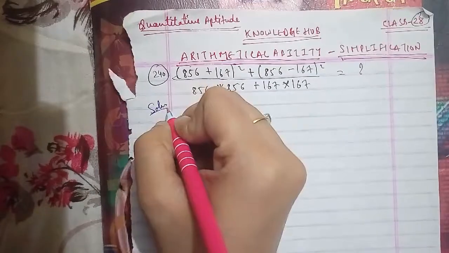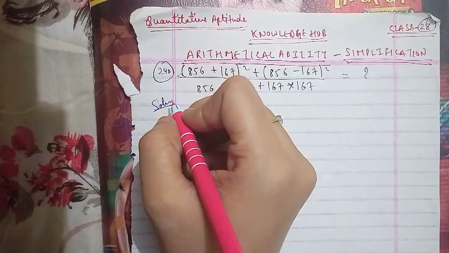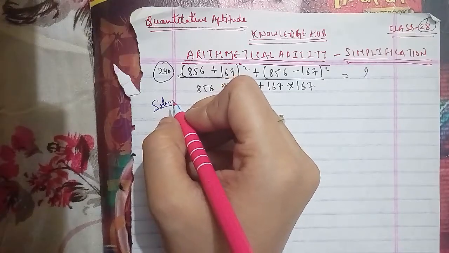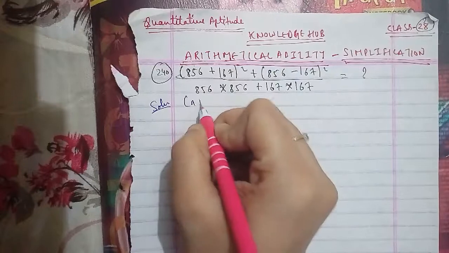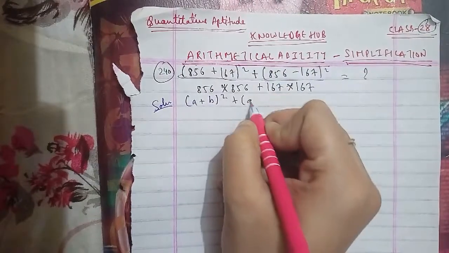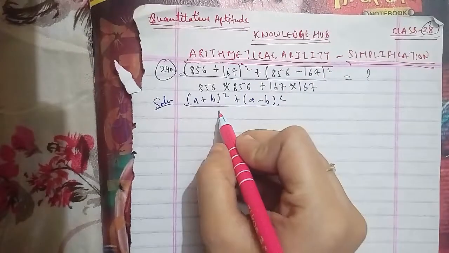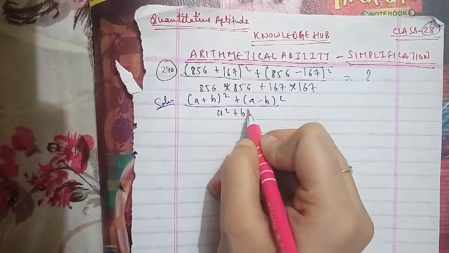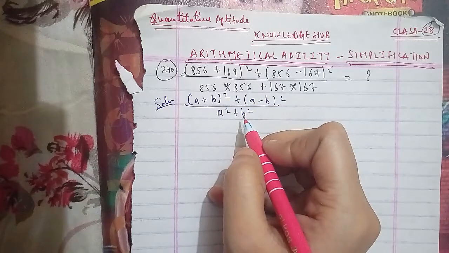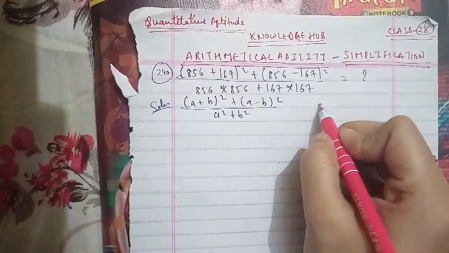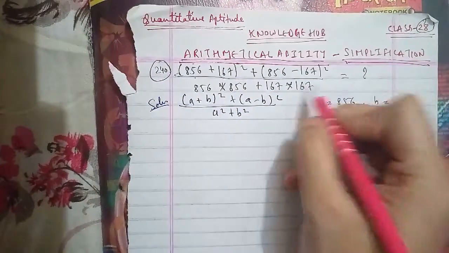So for that we will find the solution for the given expression. The expression is in the form of (a plus b) square plus (a minus b) square whole upon a square plus b square, as you can see here. So in the same case, a equals what? a equals 856 and b equals 167.